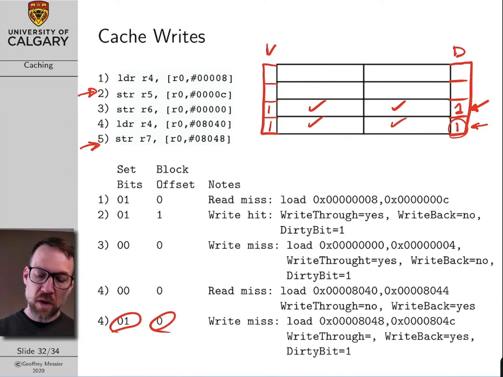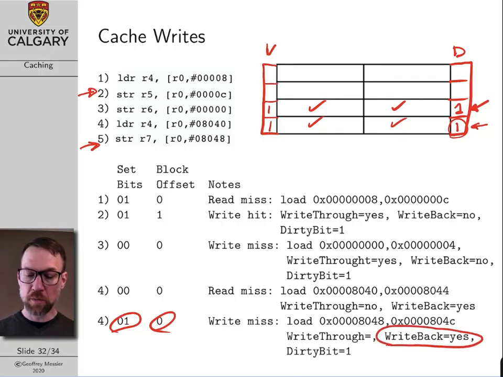However, we already have an updated value and a dirty bit equal to 1. So what's actually going to happen is, first of all, the write back is going to be triggered because the dirty bit is equal to 1. And we're going to copy the value back into main memory that was written up here by this first store word.